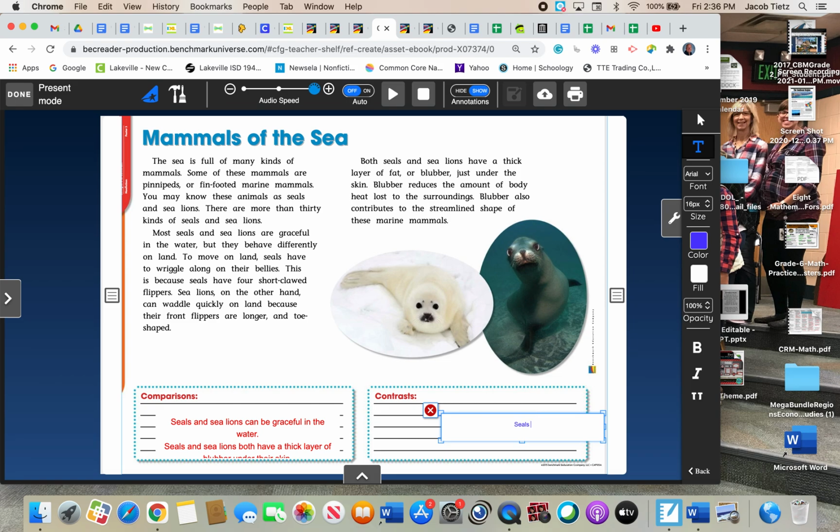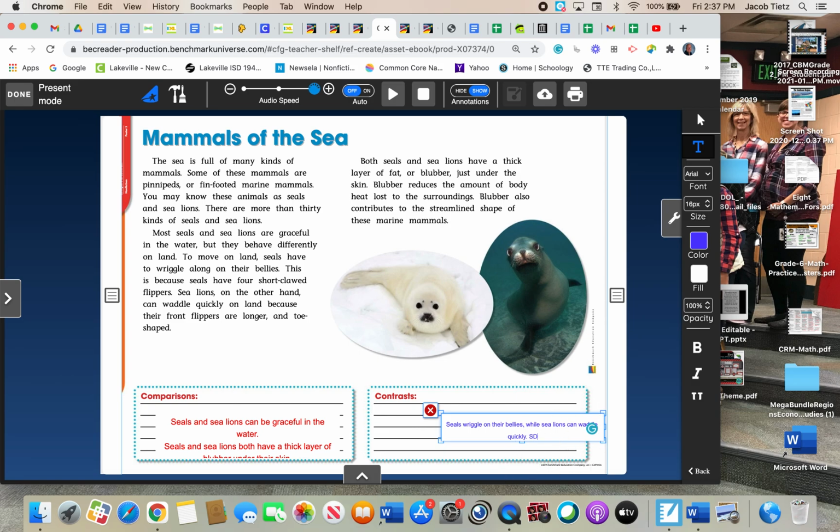Seals wriggle on their bellies while sea lions can waddle quickly. So that's one of our contrasts. Another contrast then is why does one have to wriggle on their bellies while the other one can waddle quickly?